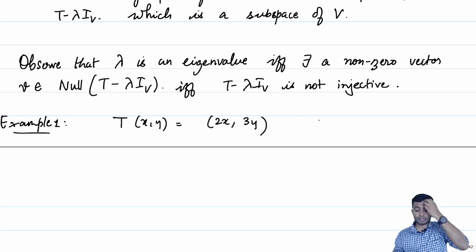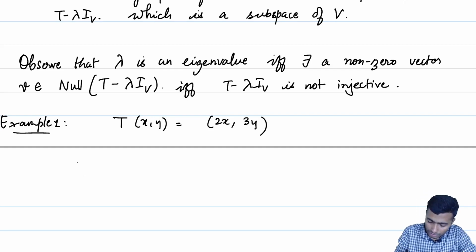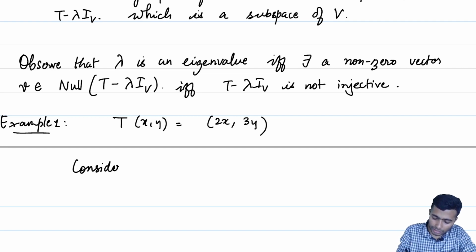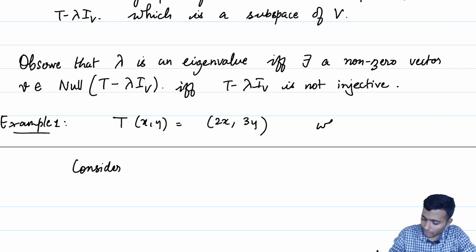So, we know that both 2 and 3 are eigenvalues of T, and that is quite straightforward because consider T minus 2 times IV, where T is from R2 to R2.